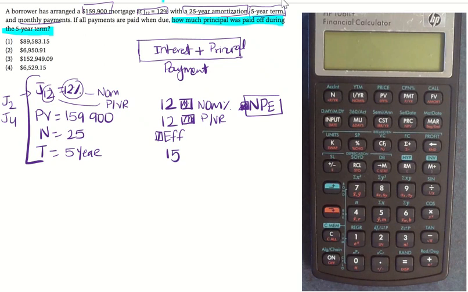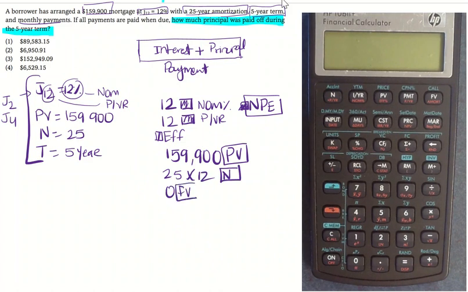Now 159,900 is your PV. That's the key. You don't need to press the shift key, just the PV right there. 25 times 12 is your N. 0 is the future value, because nothing is given for the future. And then we are going to press the payment key.